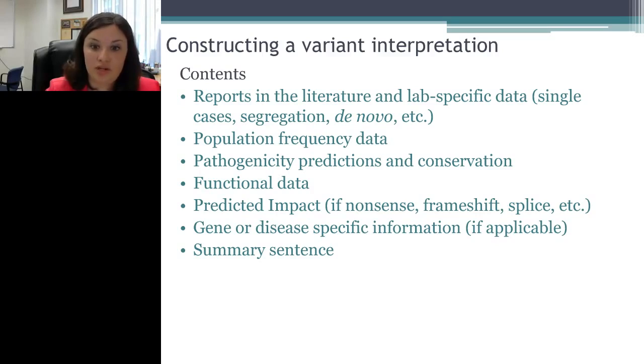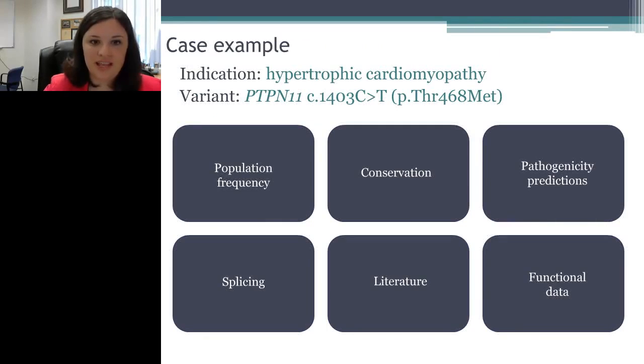We should always note if the variant is nonsense, frame shift or splice, that we would expect this variant perhaps to lead to nonsense mediated decay, except if it's in the last exon. And then we should add any gene or disease specific information that we might have and provide this with a summary sentence.